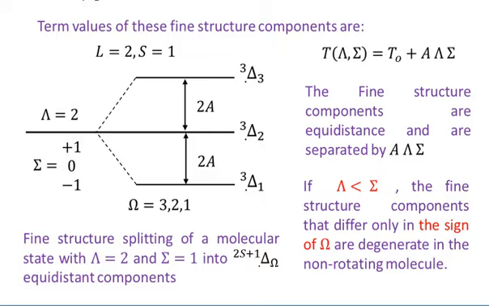But when the molecule rotates, the degeneracy will be lifted, which we are not discussing in the present lecture. So I have discussed the fine structure in its simplest form, discussing the simplest cases out of many possibilities for the molecular states, the chosen states.